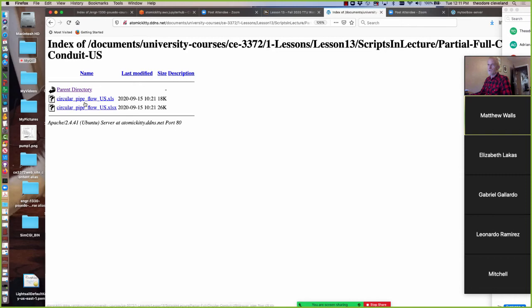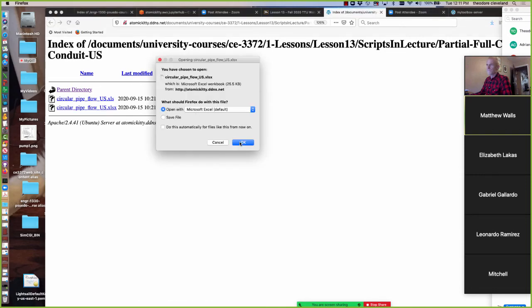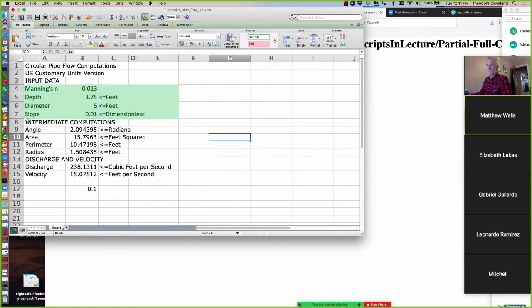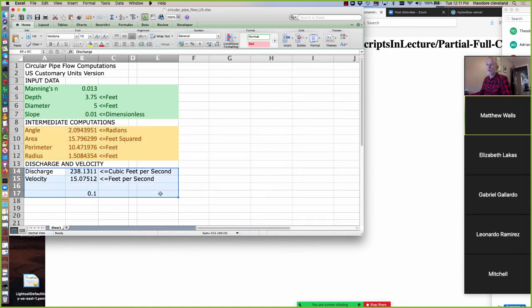And we have the same thing in US customary. Not quite as pretty, so I guess we could make that pretty. Green is good for input, intermediate, neutral, output.